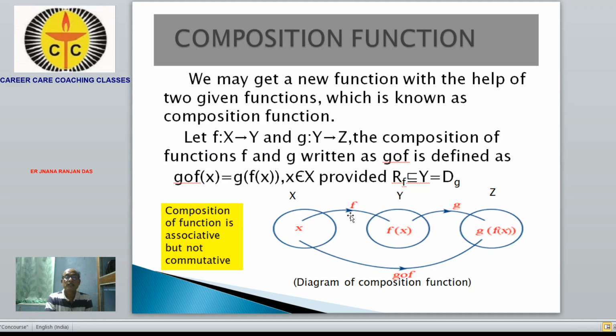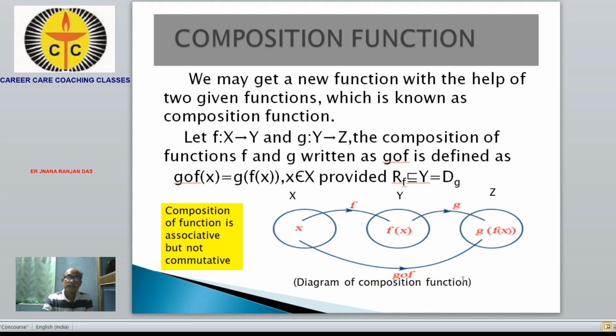Suppose you take three sets x, y, z, and another fourth set, then by taking the rule of associative law, we can show that the associative rule holds good here during composition of functions.